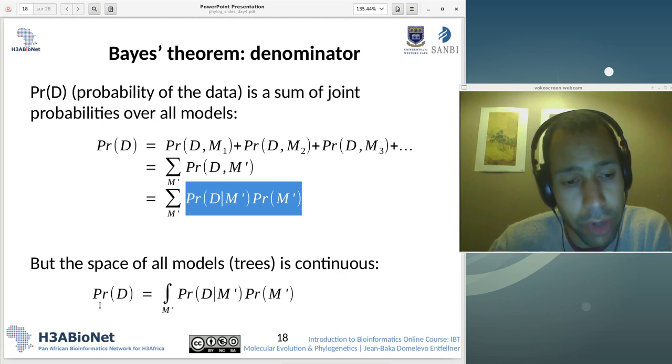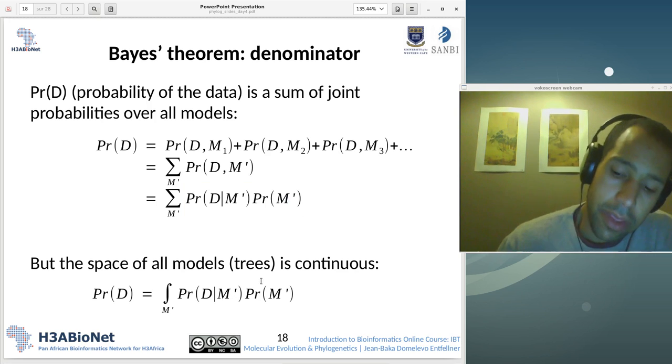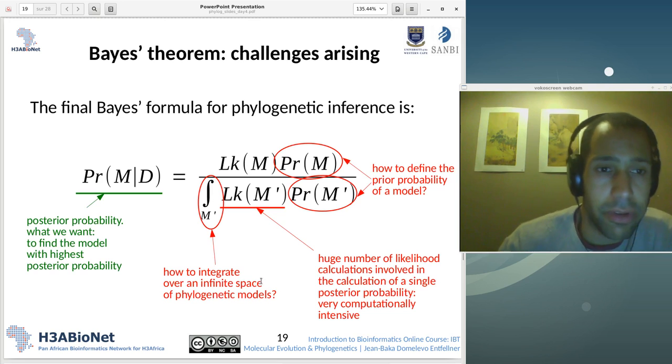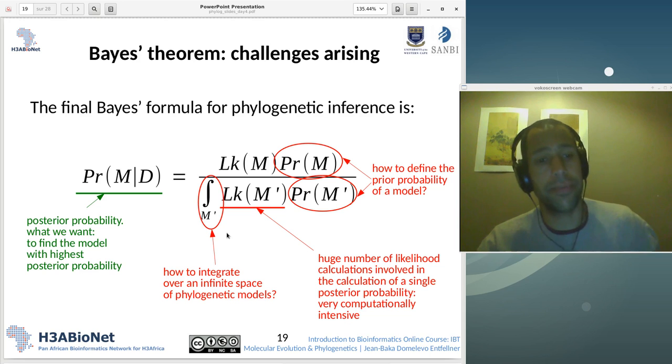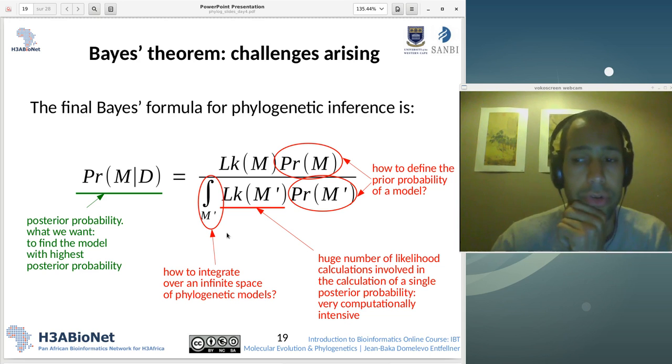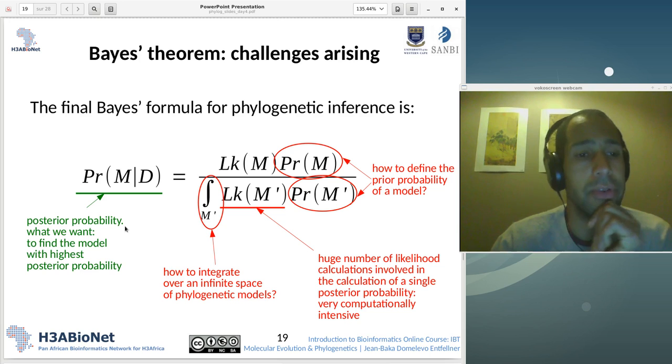So we would write things like this using an integral instead of a sum. Okay, so that's what we get. And if we plug this into our formula for the Bayesian framework on phylogeny inference, what we have is this.